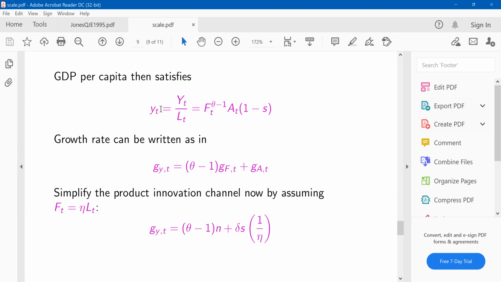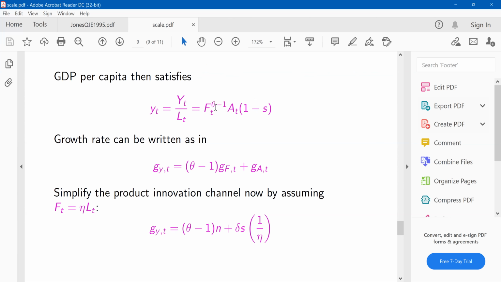Okay, so GDP per capita or GDP per worker is this. If you do the math, you realize you have this, because 1 minus S, there's this FT term, right, because LYT divided by LT is at the firm level.